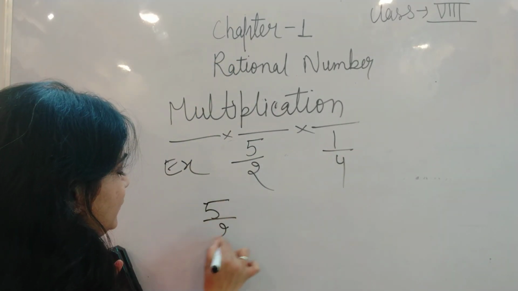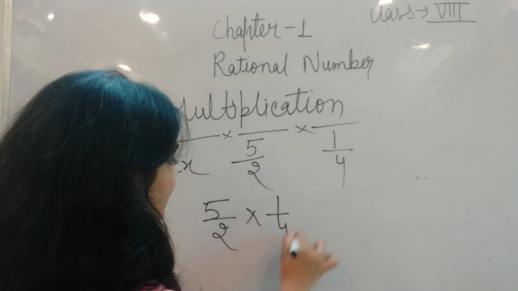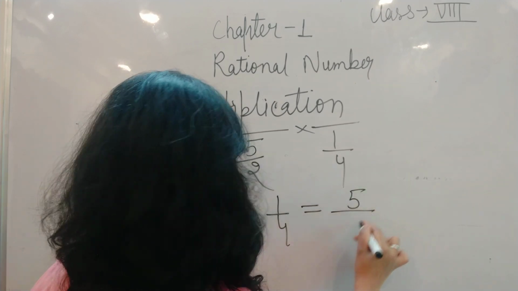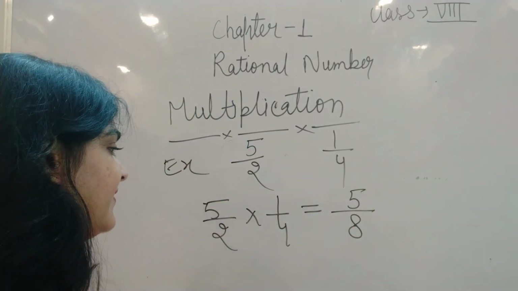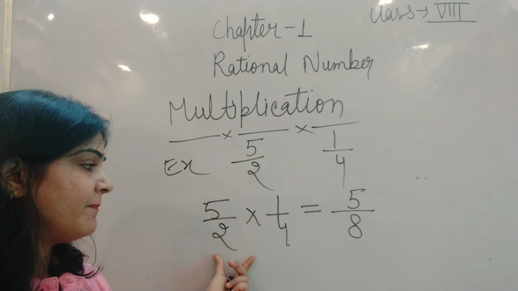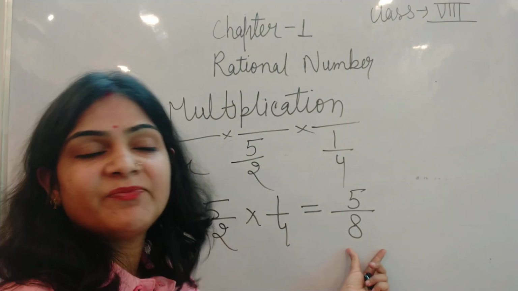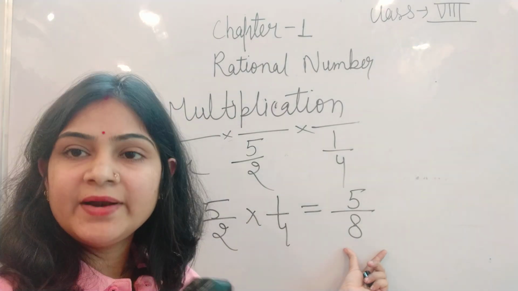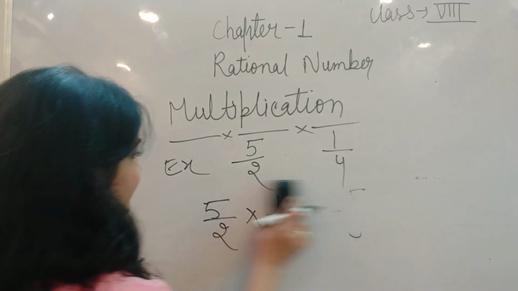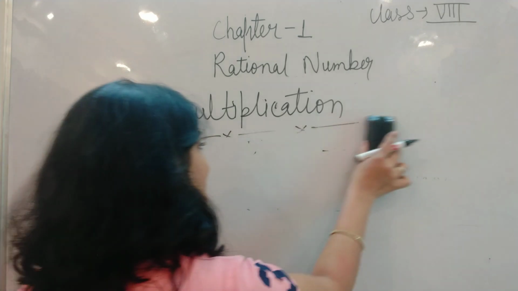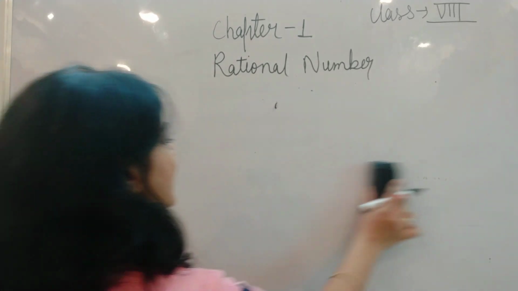If we multiply two rational numbers, the product will come 5 by 8. This is a rational number, this is a rational number, and the product of two rational numbers is 5 by 8. This is also a rational number. So we say that rational numbers are closed under multiplication.